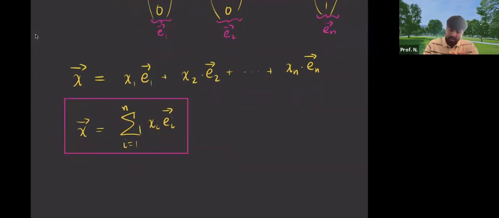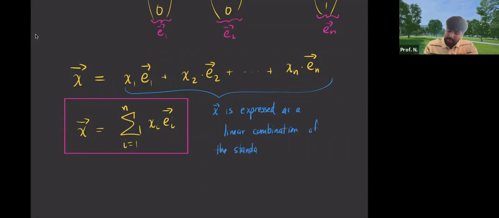So this here means that x is expressed as a linear combination of the standard basis vectors E1, E2, En.